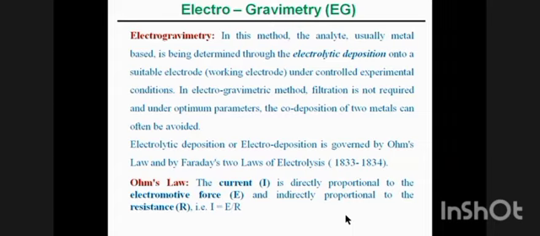Electrolytic deposition or electrodeposition is governed by Ohm's law and Faraday's laws of electrolysis. Ohm's law: the current is directly proportional to the electromotive force and inversely proportional to the resistance. This is some introduction to electrogravimetry, and it works on the principles of Ohm's law and Faraday's law.